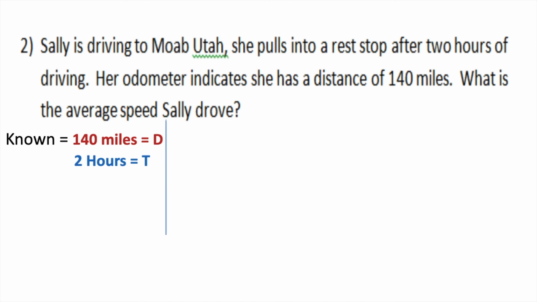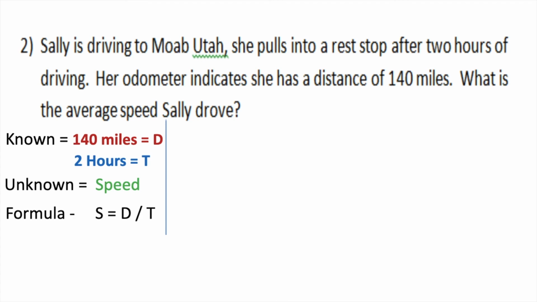I know that the distance that Sally traveled was 140 miles. I also know that she traveled that distance in a time of 2 hours. The unknown in this case is the speed. I know that because it asks what is the average speed Sally drove.